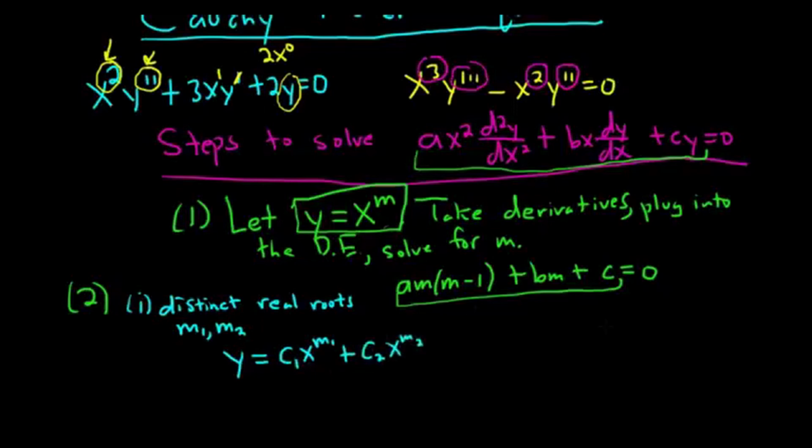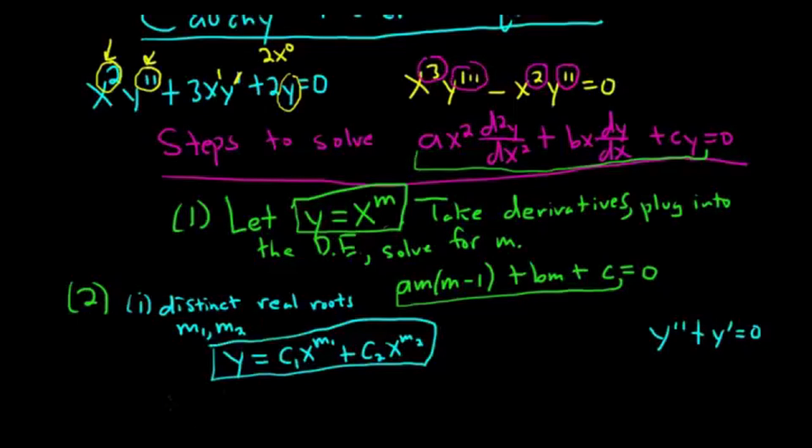This should remind you of solving equations like y double prime plus y equals 0. Sometimes you would get distinct real roots, except you would have e to the m1 and e to the m2. Same thing, except here it's not e, it's x. So that's the first case.